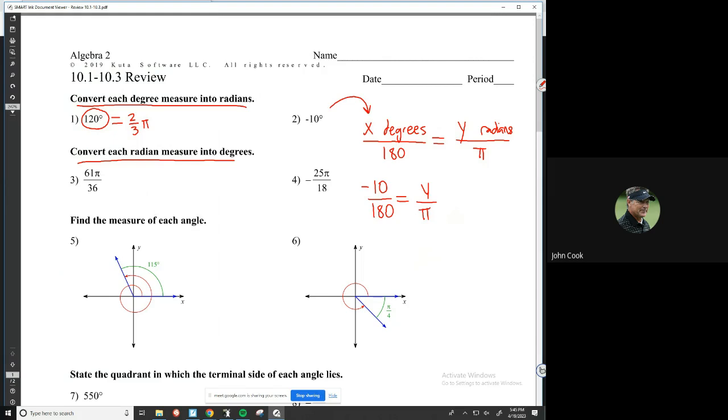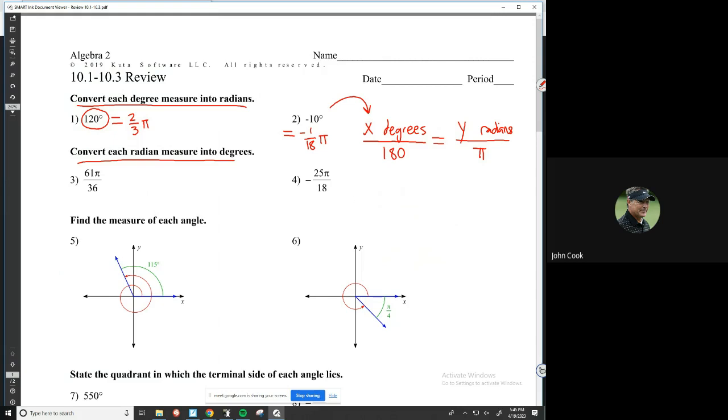I know the zeros at the end will knock off, so I got negative 1 over 18. And then if I multiply both sides by pi, I've got my answer for y. y is equal to negative 1 over 18 times pi. So this angle measurement, negative 10, is equal to negative 1/18 of a pi. There you go. That's the answer in terms of radians. It's that easy.